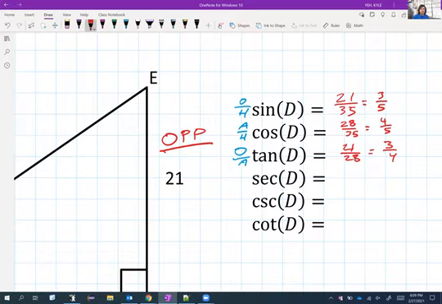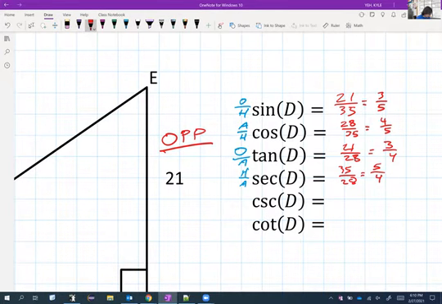Now, I could go through the same exercise for the next 3. I could say secant. Okay, that was hypotenuse over adjacent. If you look at your notes, secant is hypotenuse over adjacent. And so that's 35 over 28. Divide them both by 7, it's 5/4. But hopefully you're seeing there's a quicker way to do this.